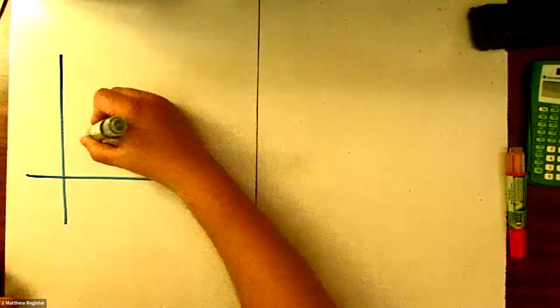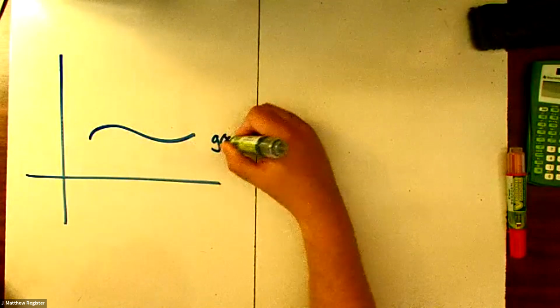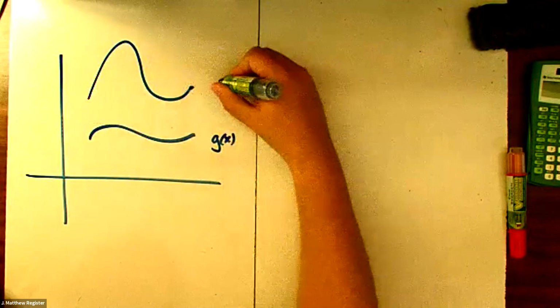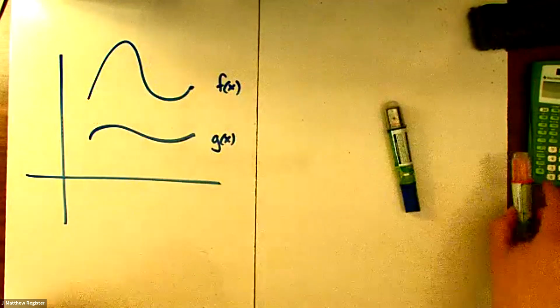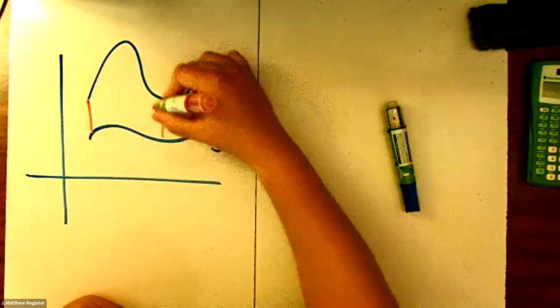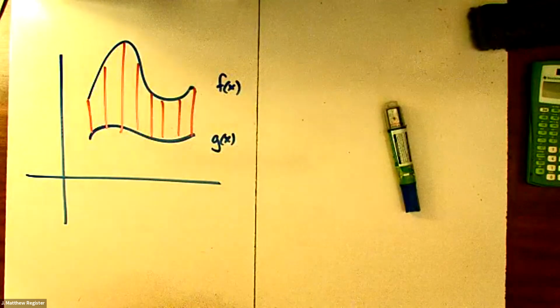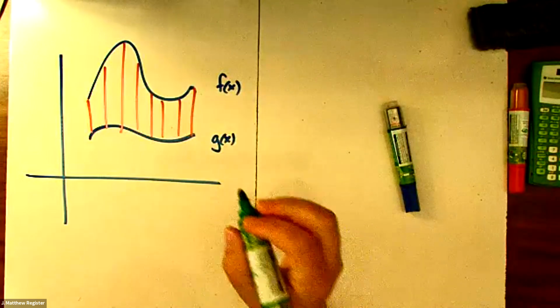Let's suppose that we have 2 functions, and I'll just create a quick Cartesian coordinate system. We'll call this function g of x. We'll call this function f of x. If we want to find the area between these 2, which would be something like this, one approach would be to find the area of f of x down to the x-axis.